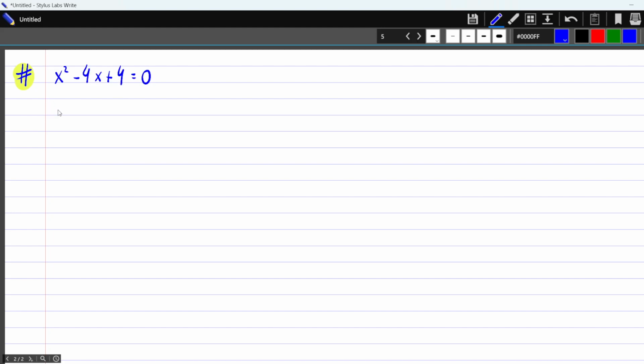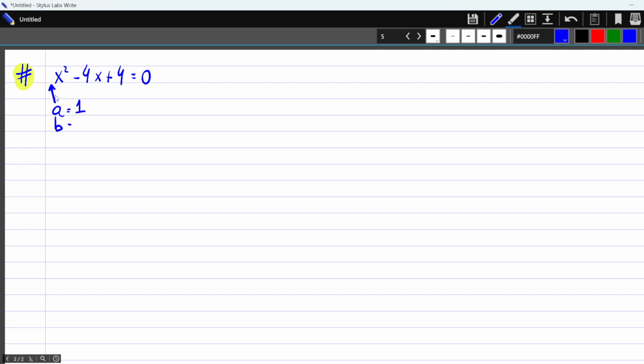So again, we need to identify the coefficients. a is equal to 1. a is always whatever is in front of x squared without the x squared. b is whatever is in front of x without the x. Be cautious, the coefficients are numbers.